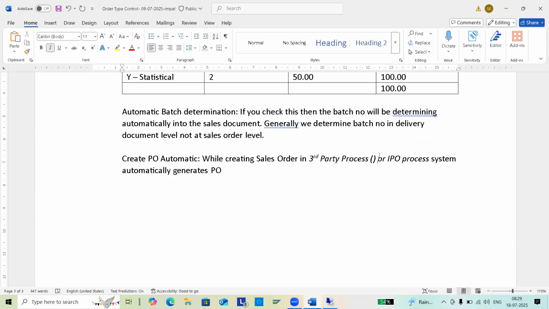BNS is the item category group, TAS is the item category. Then what is the item category of IPO? TAB.